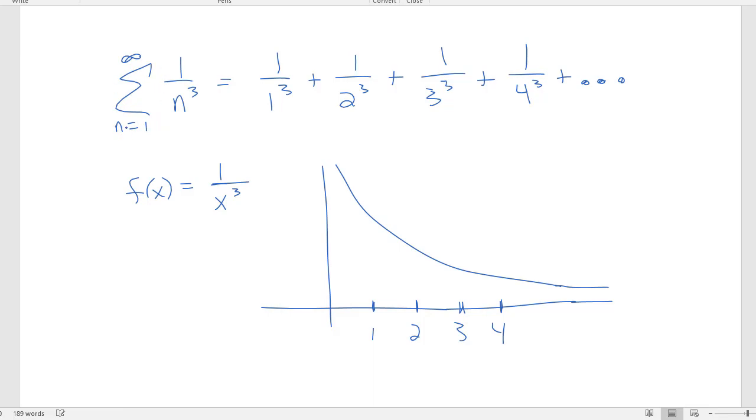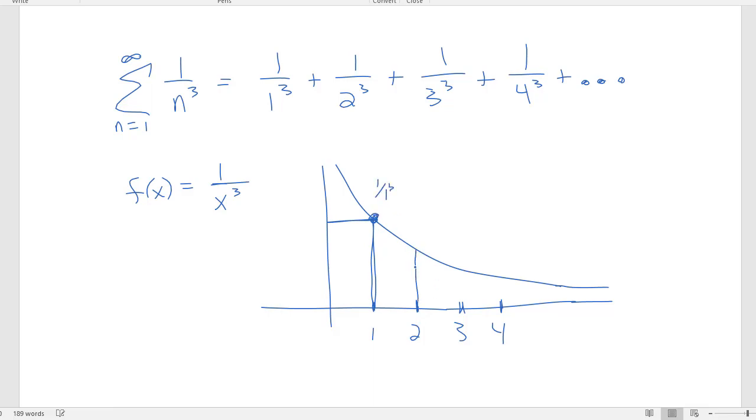So my series, remember, are discretely defined functions. This is not a continuous function. This is a collection of discrete values. And I could think of these as representing the height of each rectangle, the area of each rectangle. So if I plug in x equals 1 and I draw my right-handed rectangle, the height of this rectangle is 1 over 1 cubed.